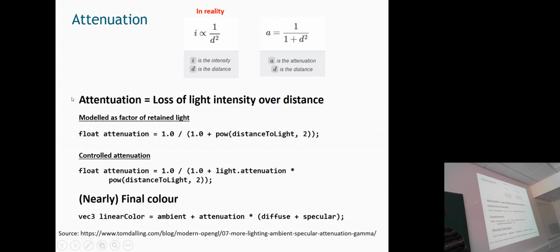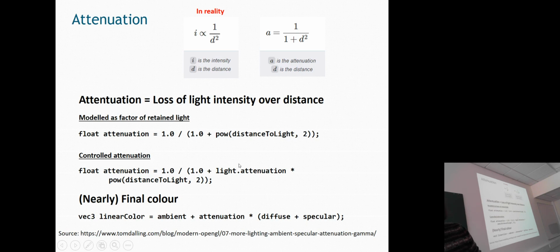You can introduce this light attenuation parameter and control attenuation that way. It's actually the same thing, but multiplying d squared by some arbitrary coefficient k. So it can be either inspired by reality, what is preserved, or something controlled arbitrarily depending on artists' or programmers' needs.